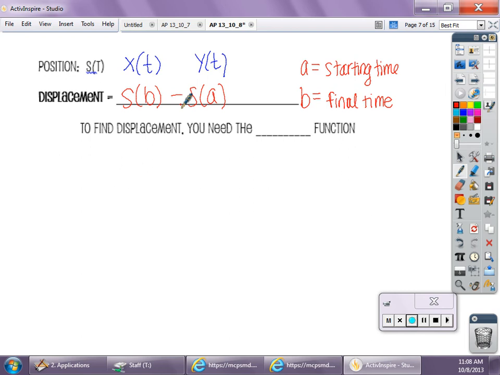So let's go back. I am starting at 0. I walk 1, 2, 3, 4, 5 steps to the left. This is my ending position. Using the formula, let's try it. My position walking back to here, which is my ending position, is what value?